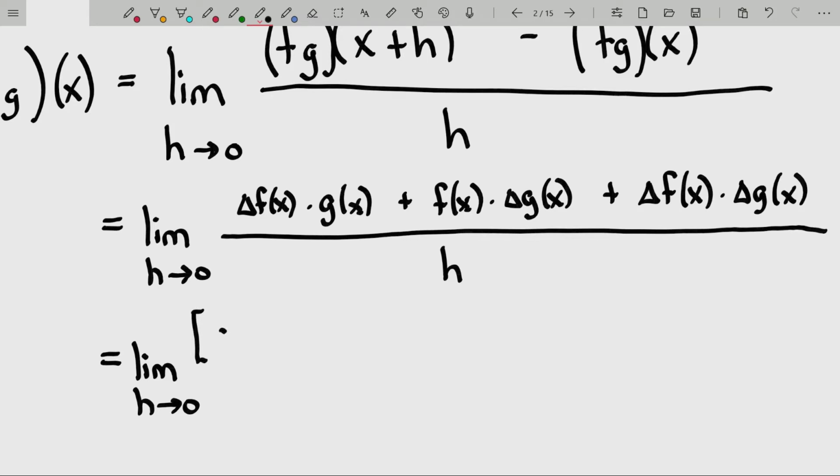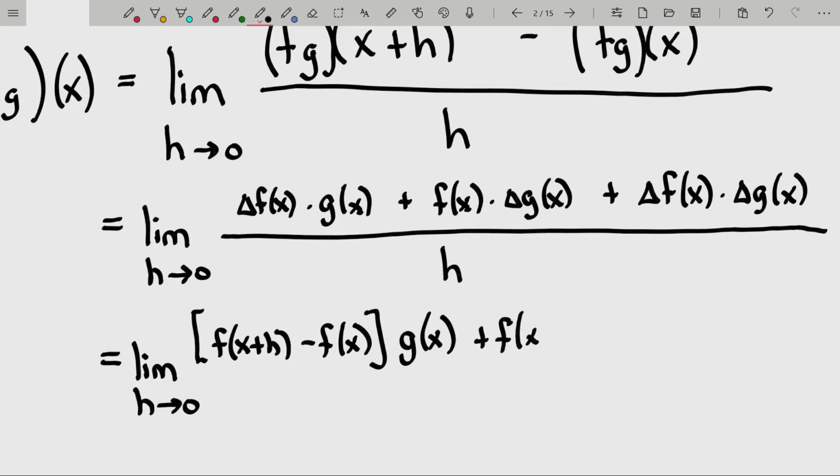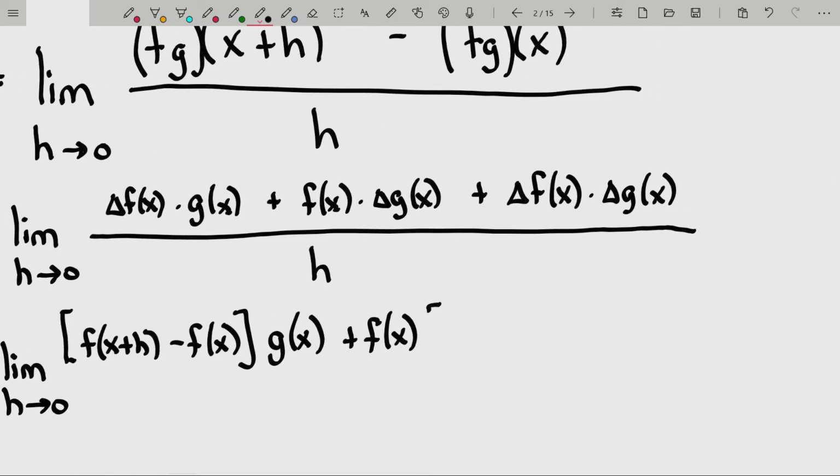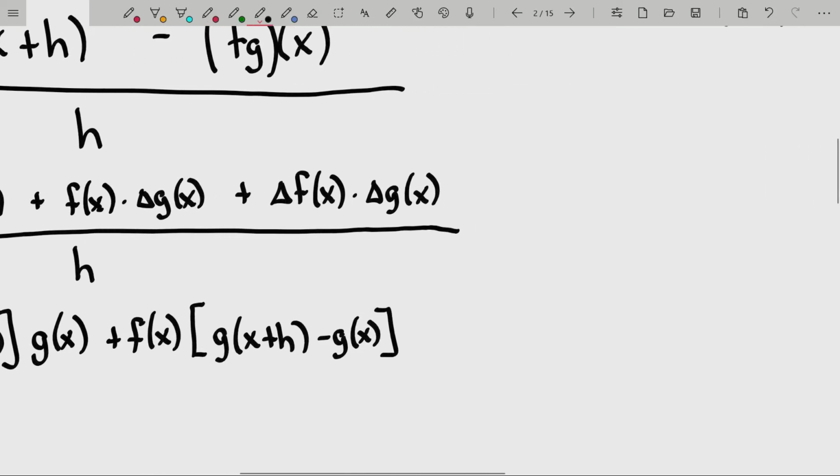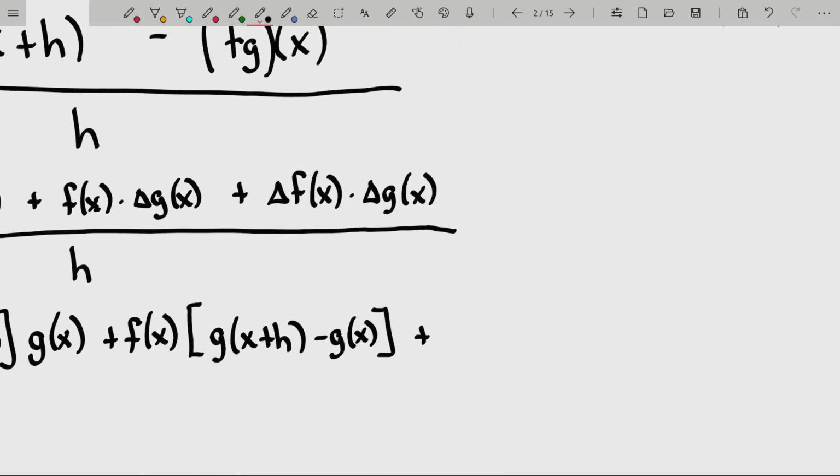Delta f is going to turn into f of x plus h minus f of x, by our definition, times g of x, plus f of x times delta g, again, was g of x plus h minus g of x. And finally, those delta f's and delta g's. Well, delta f was f of x plus h minus f of x.